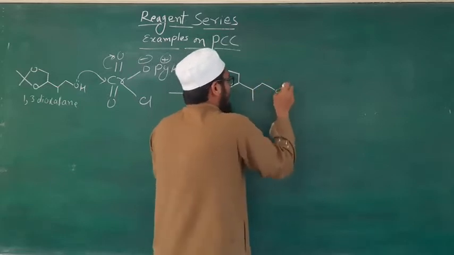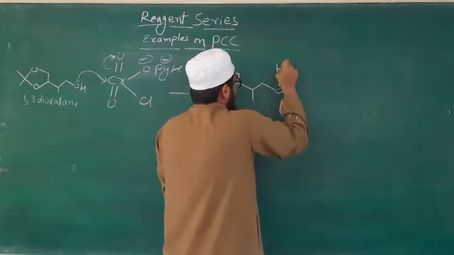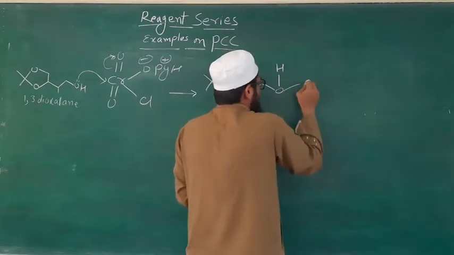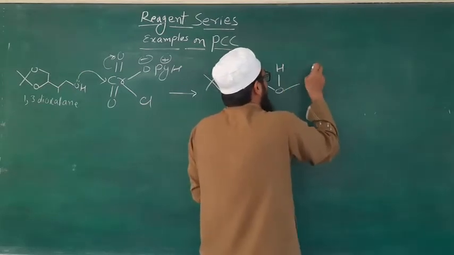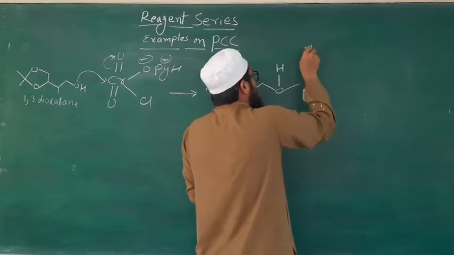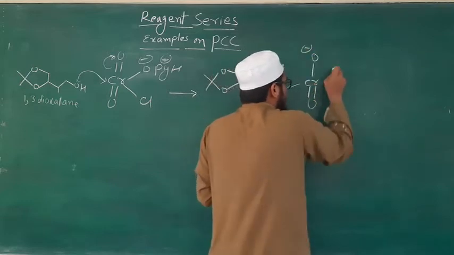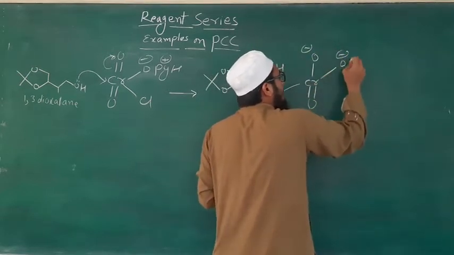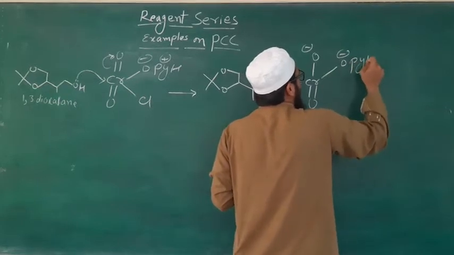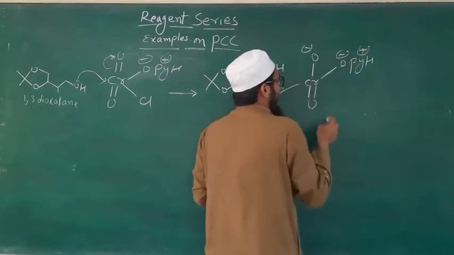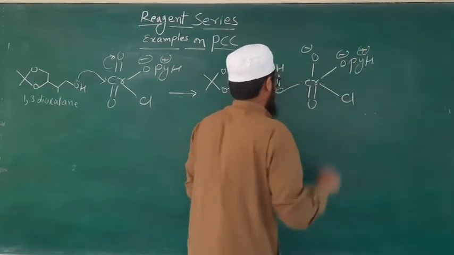Now we have our hydrogen here. It gets attached with the chromium, and I have O negative, this double bond O as it is, this single bond O negative, PyH positive as it is, and chlorine.